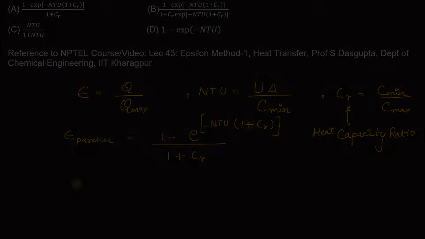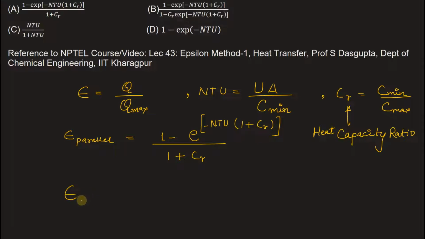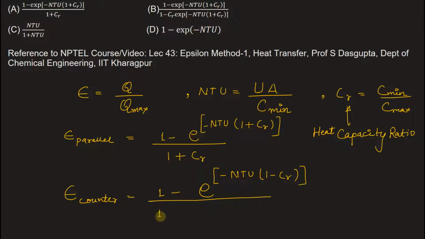And for a counter flow heat exchanger, epsilon counter is given by 1 minus e to the power of minus NTU multiplied by 1 minus CR, divided by 1 minus CR into e to the power of minus NTU into 1 minus CR.